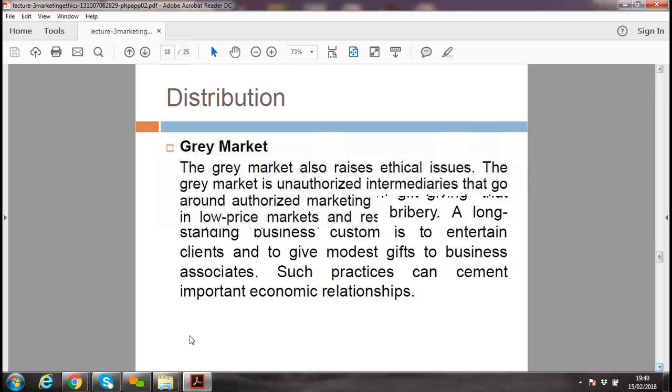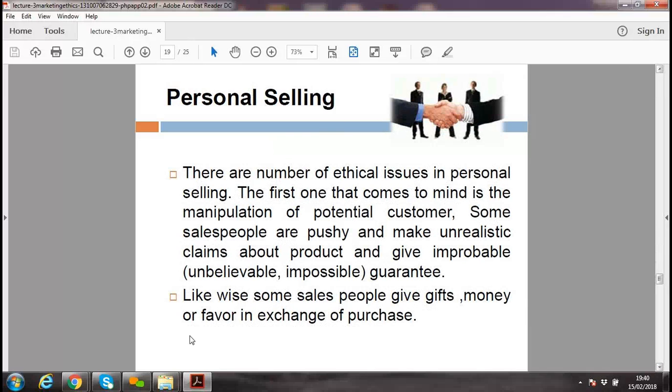So we need to look at personal selling. There are lots of ethical issues. The first one that comes to mind is manipulation of the potential customer. Some salespeople are pushy and make unrealistic claims about the product and give unbelievable, impossible guarantees.